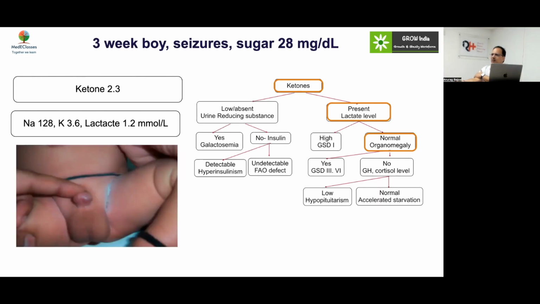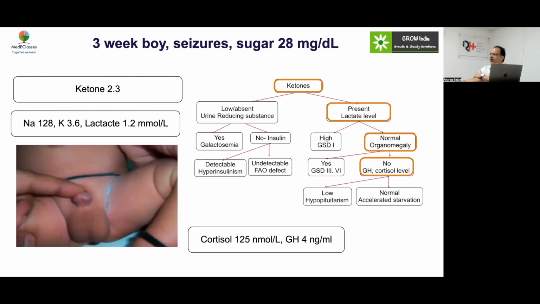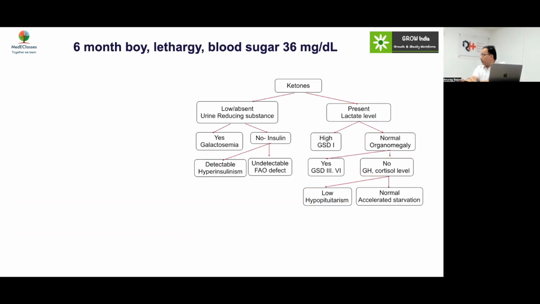There is a micropenis. So this is classically a case of central multiple pituitary hormone deficiency. But the cortisol and growth hormone are normal. Why do you say this could be a central problem? Cortisol should be at least 500, 550. Growth hormone should be more than 10. So look at the appropriate response to the level of stimulus and not just the normal range. So, multiple pituitary hormone deficiency.